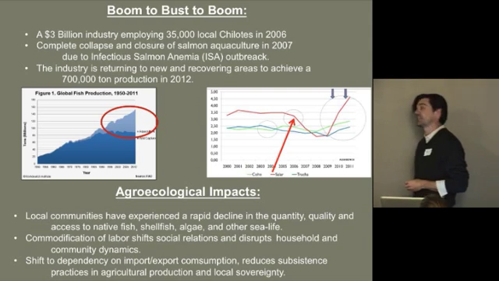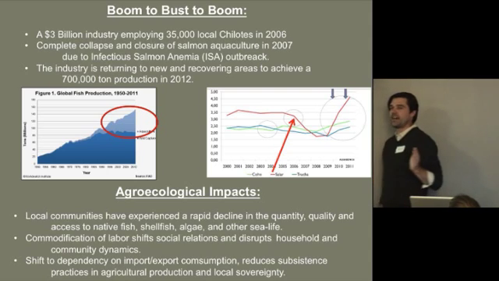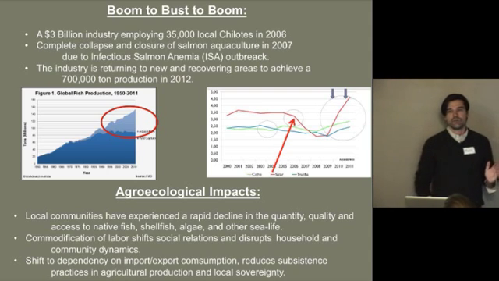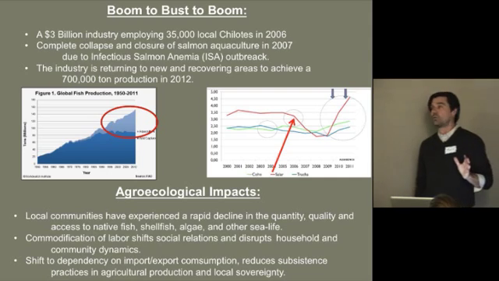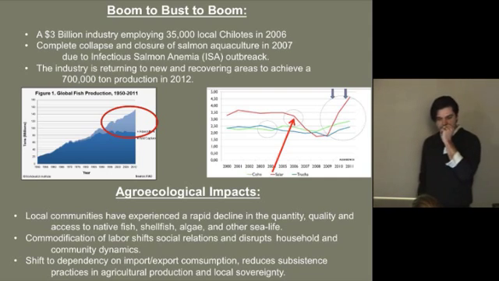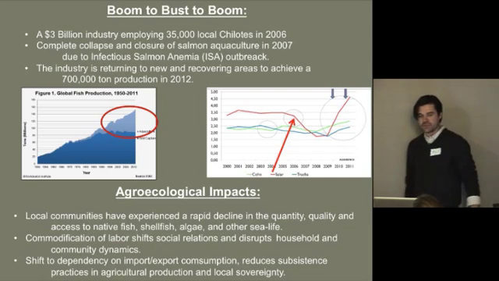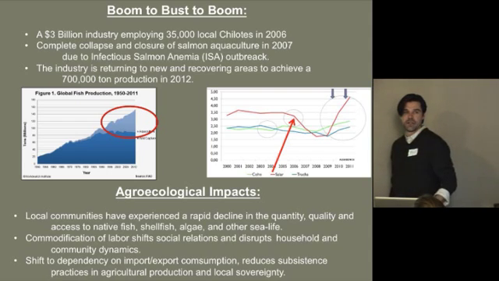Well, a complete collapse happened in 2007. A 95% die-off rate of all of the salmon in this whole region. This is a huge region. And that was due specifically to infectious salmon anemia. It was identified as due to overpopulation of the production cultivation centers, right?